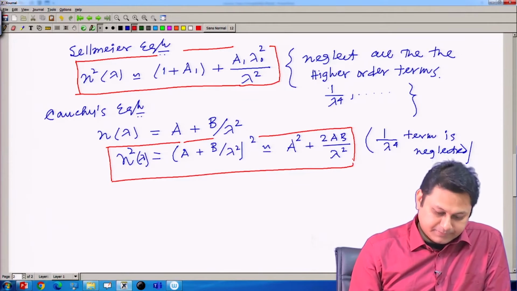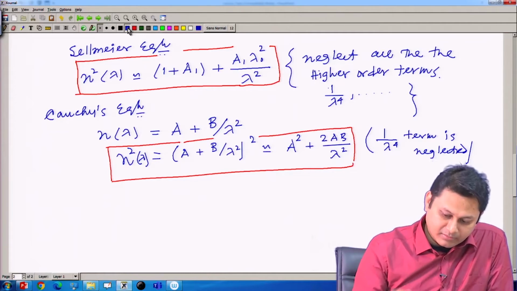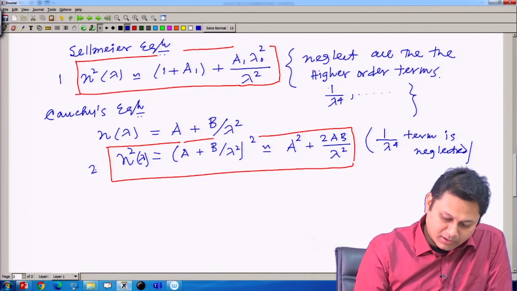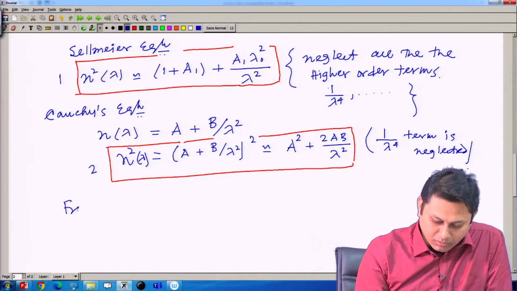So, if I compare, say this is 1 and this is 2.